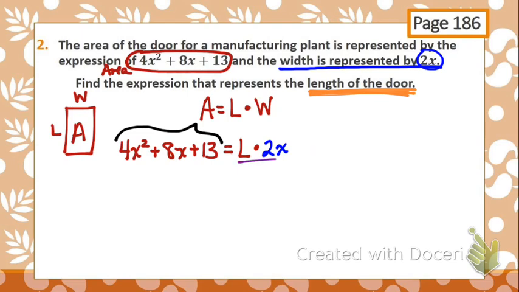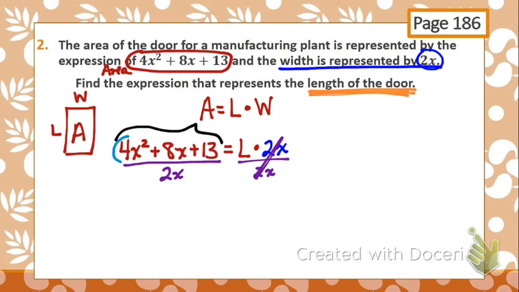Divide both sides by 2x. Can I pull a 2x out of all the pieces on the top? No. Then I'm going to have to divide it a piece at a time. Do you guys remember how we broke it up into 3 separate fractions when I had a trinomial divided by a monomial? It's exactly what we're going to do here.